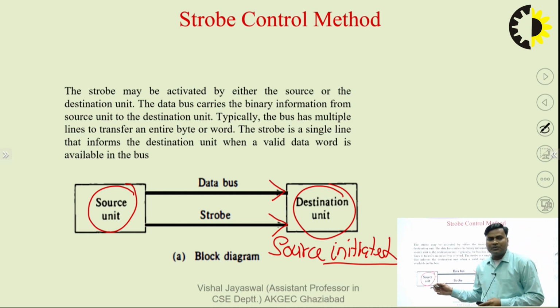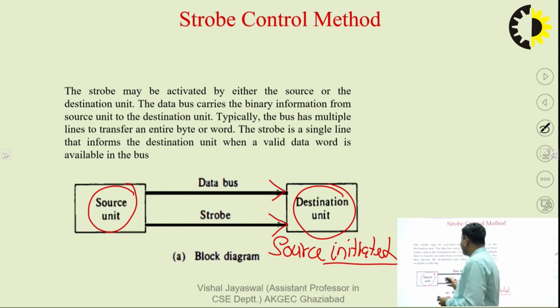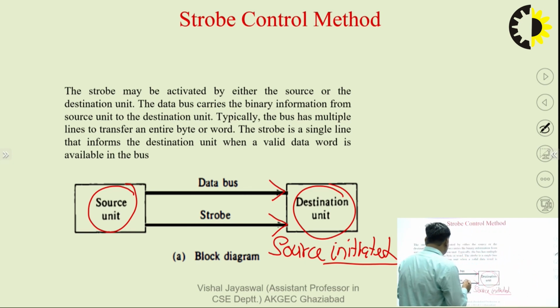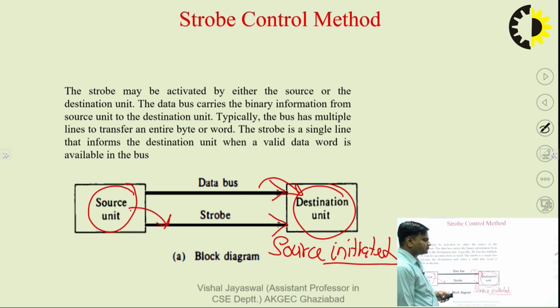The source initiates the strobe pulse, and after that places the data on the data bus. Then the destination unit takes the data from the data bus, and after some time the source deactivates the strobe pulse.